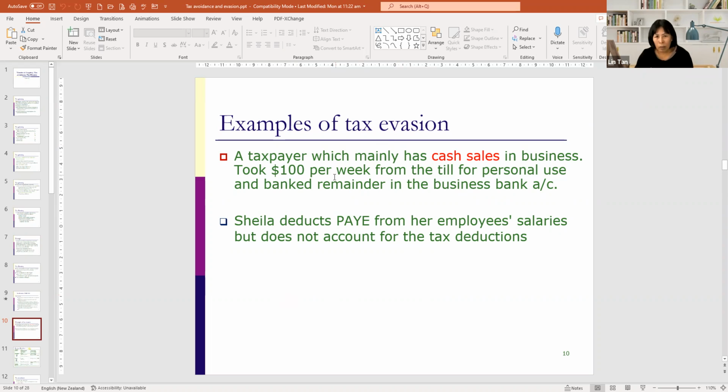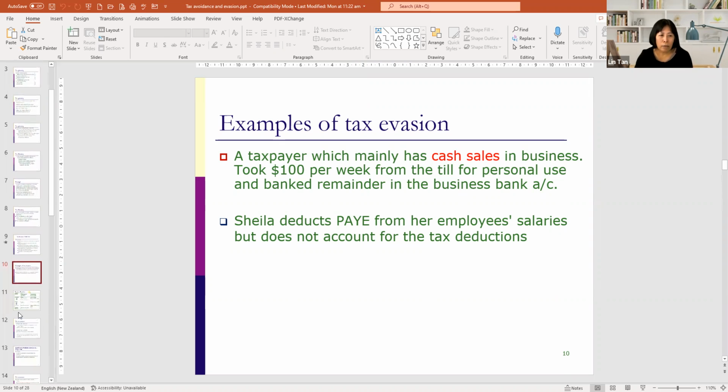Like in this case, the taxpayer mainly has cash sales and always takes out some money from the till and only banks in the remainder. So in this manner, this taxpayer is knowingly under declaring the income, and this is regarded as tax evasion. Or if somebody deducts the PAYE from the employees' salaries and does not pay over to the Inland Revenue, but just pockets them, that is also regarded as tax evasion.